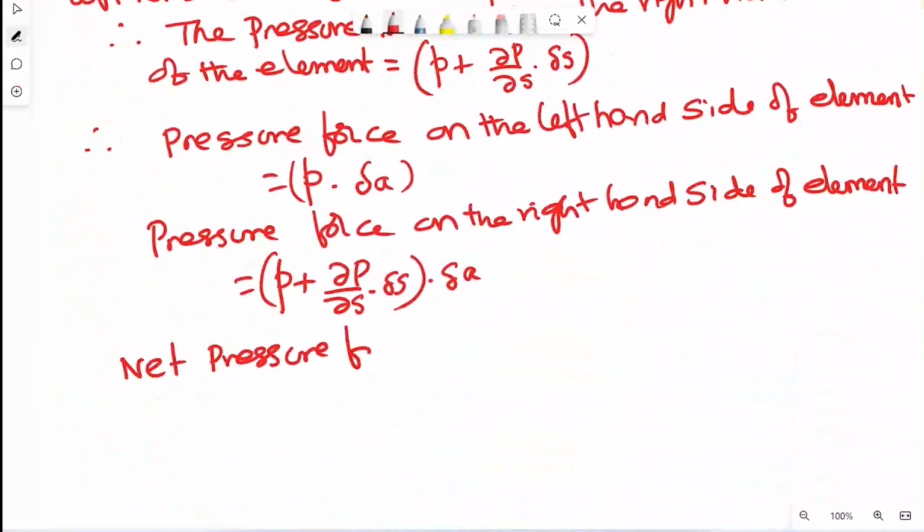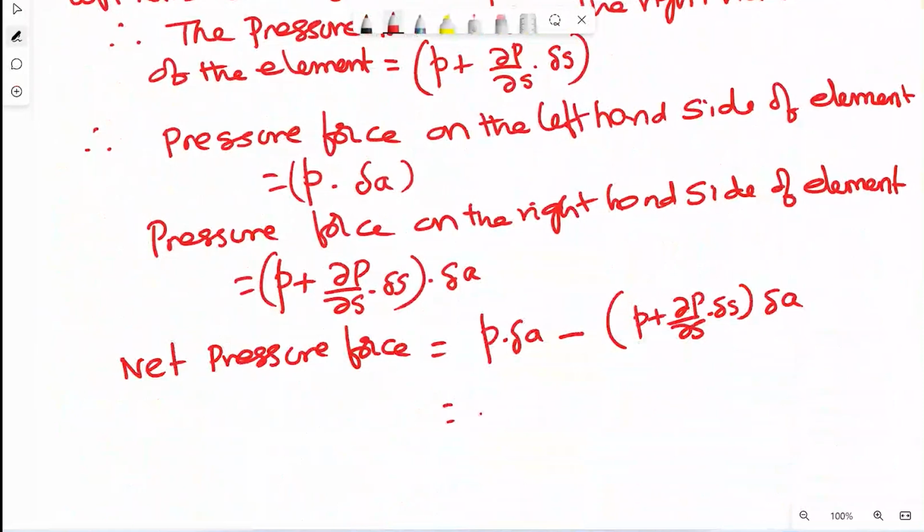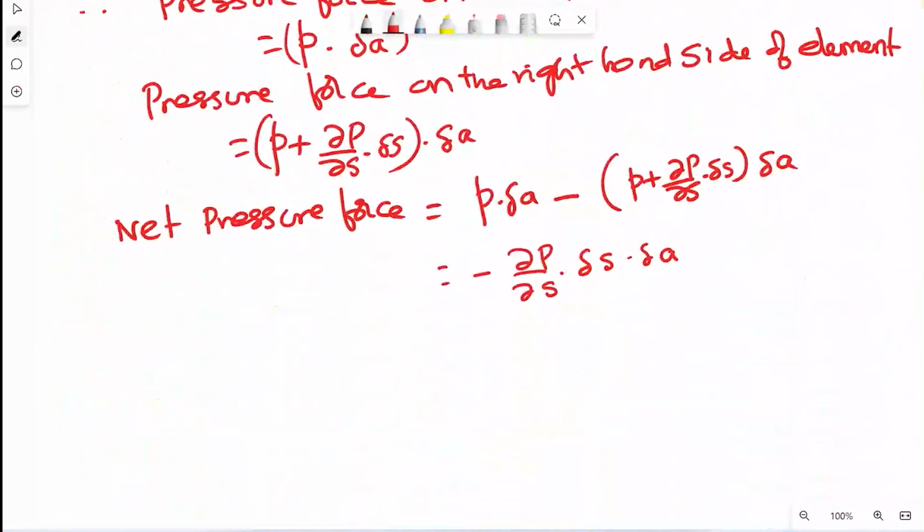Net pressure force is equal to P delta A minus P plus dou P by dou S into delta S into delta A. P delta A cancels, so it will be minus dou P by dou S into delta S delta A. So now these are the two forces: one is the gravity force component we have calculated, and the other one is the net pressure force.